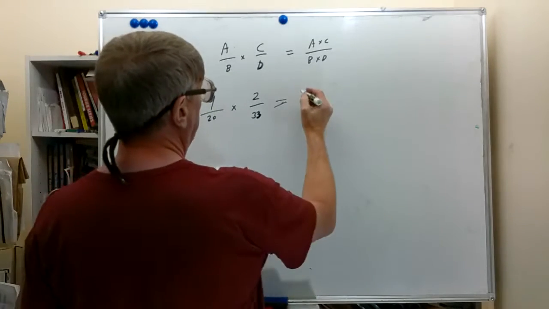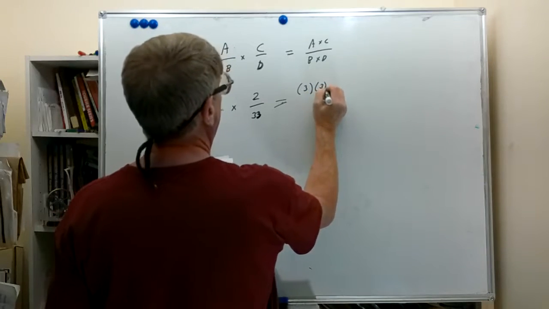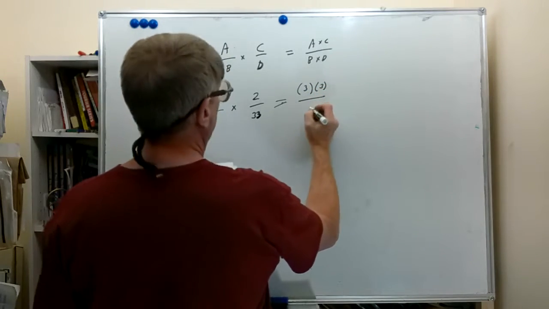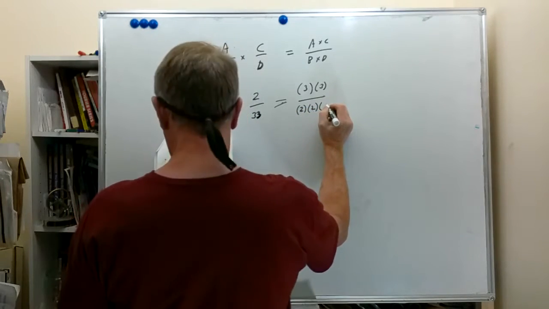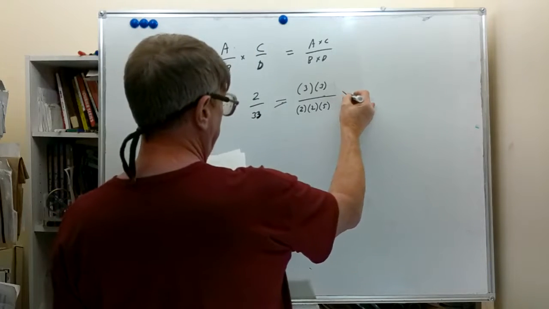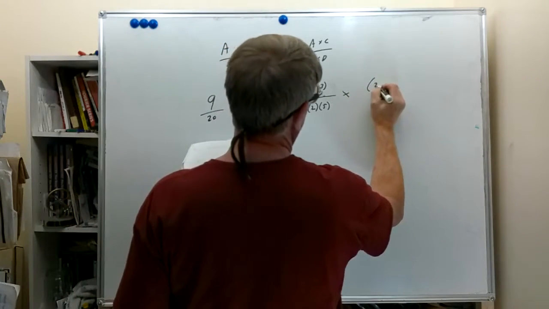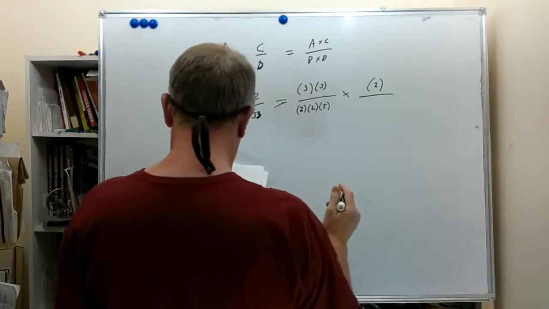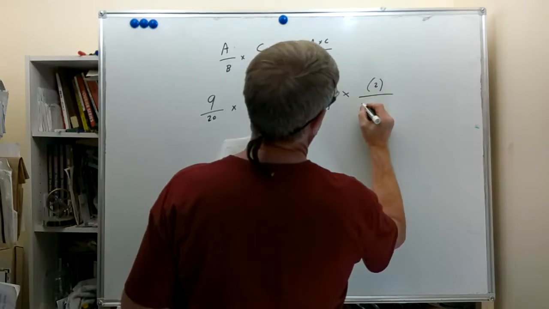So we can express the 9 over 20 as 3 times 3 over 2 times 2 times 5, and that fraction is going to be multiplied times 2 over 2 times 3 times 11.